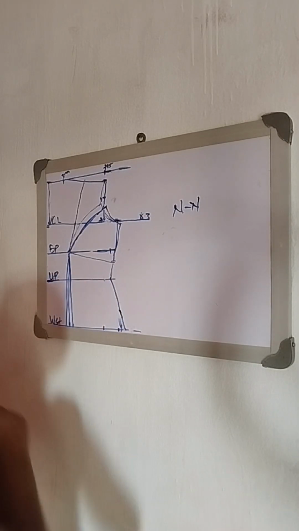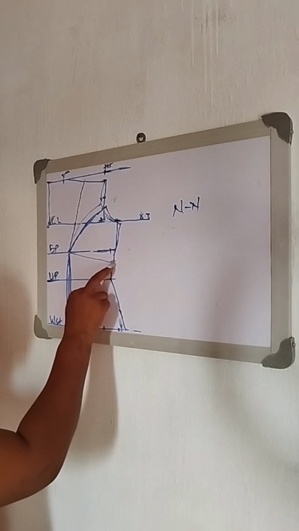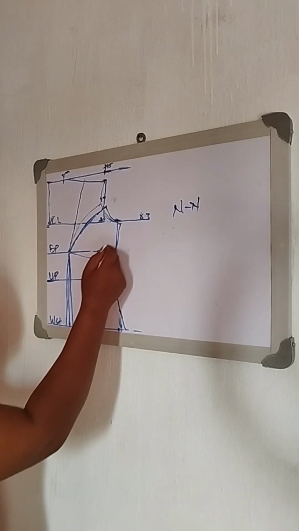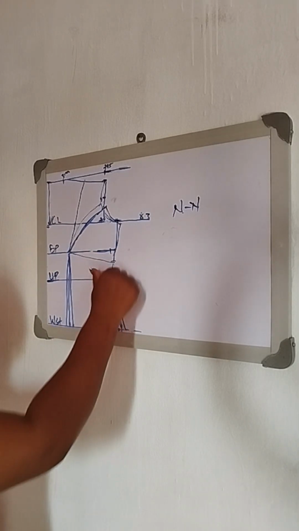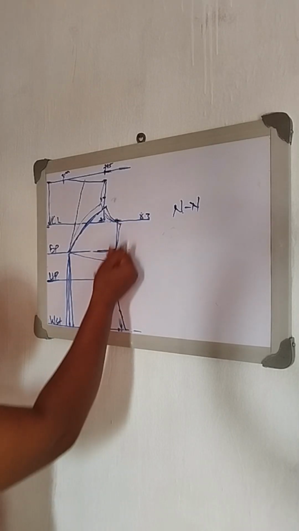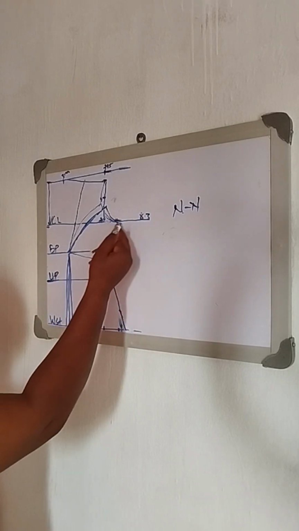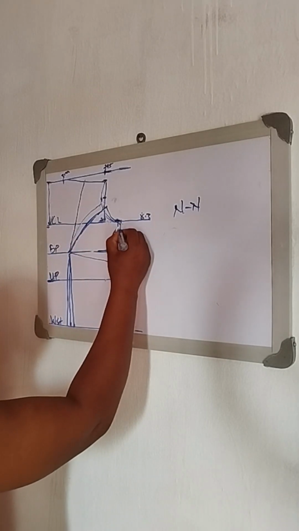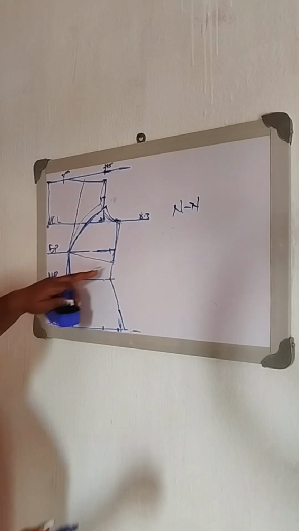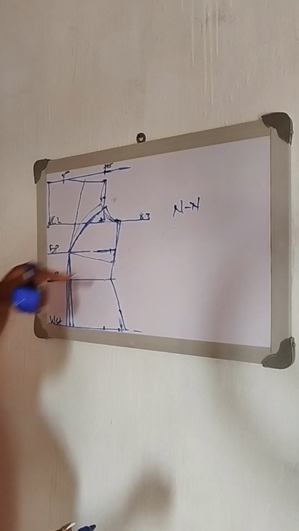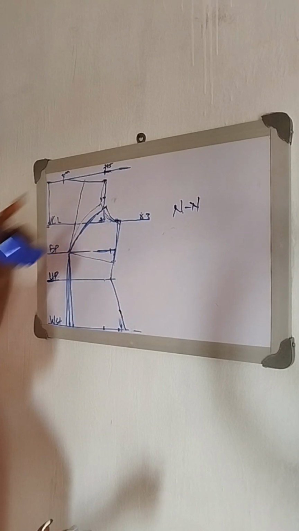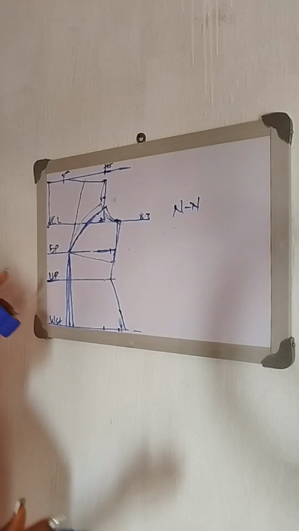Then you come over to your bust dart differences, then you slash through from here. You take it back to where you have your bust point to connect it together and shape it back. You're going to shape it by connecting this line from the shoulder back, because the moment you cut this and you bring it to the bust point, you're going to see that the lines are not going to be equal anymore. So it's been tampered with.